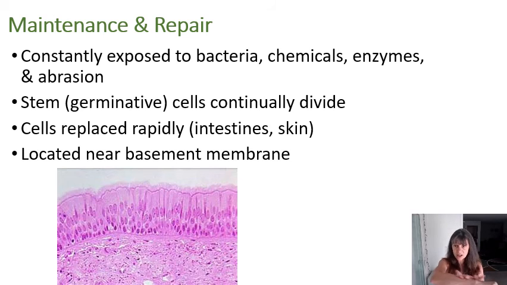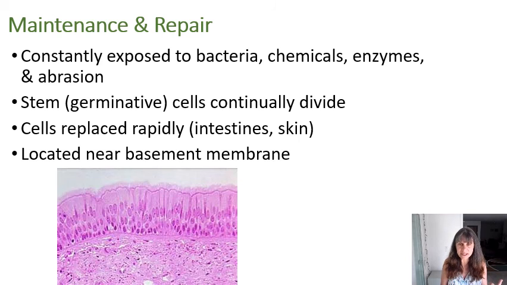Just think of your skin and all the abrasion that it is exposed to, the different chemicals to which it is exposed, bacteria. And because our epithelial tissue is constantly exposed to different things, it has stem cells, also referred to as germinative cells, which will continually divide to replace the cells that are on the apical surface as they may wear out.